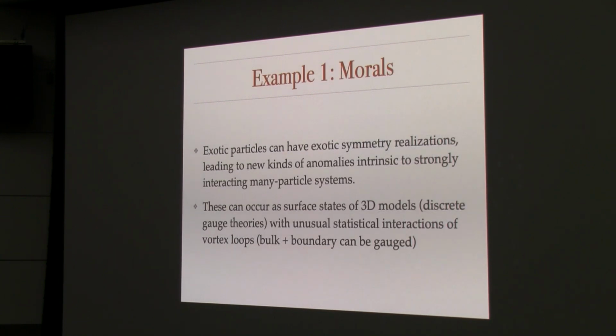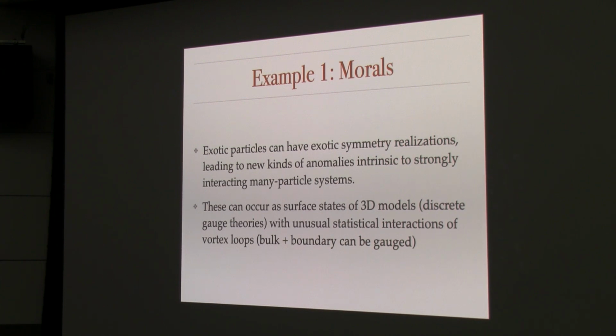Okay, good. So maybe let me give you what I think is the takeaway of this first example. The basic idea is, I have these exotic emergent particles, and maybe it's natural to think of them as having these emergent fractional symmetry numbers, okay? The symmetry charges.